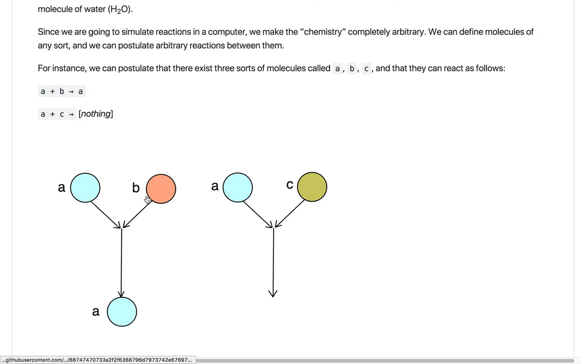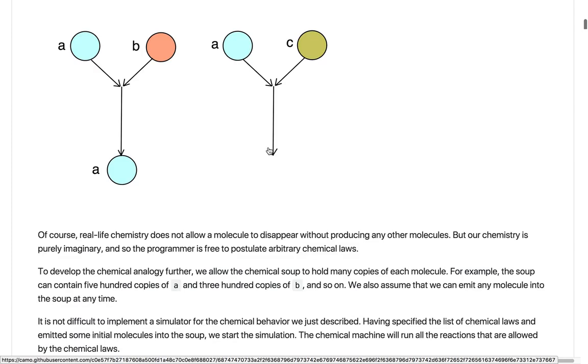And then the simulator will just look over all the possible reactions and try to execute them repeatedly. So try to find more and more possible molecules that could react with each other until no more molecules can react. So that is the job of the runtime simulator or runtime engine of the chemical machine.